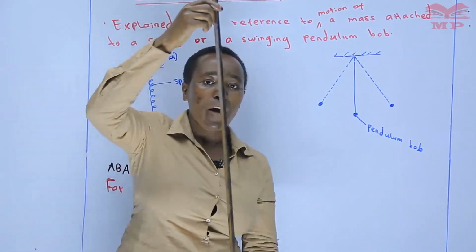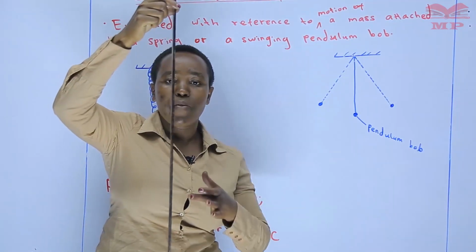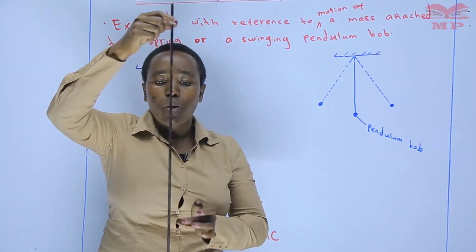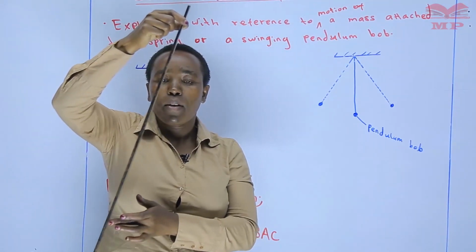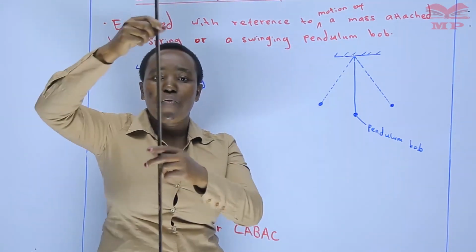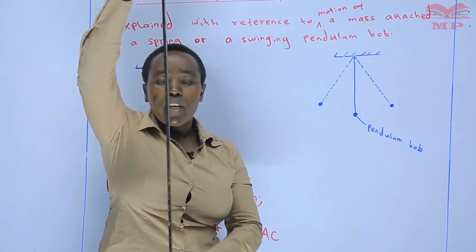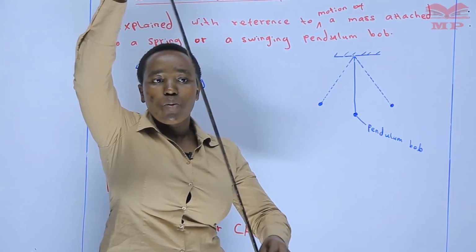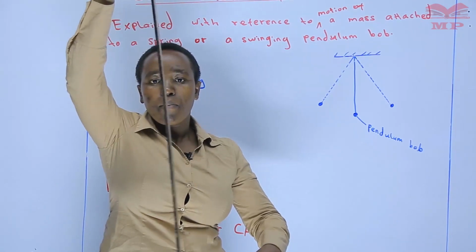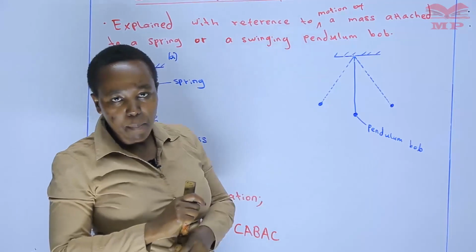Here we have our pendulum bob, and this is our mean position. We give it a slight displacement, and it moves this way. So you can see how it is moving. If we have our fixed point again at this point, we give it some slight displacement, you can see how it moves. So that is the swinging of a pendulum bob.